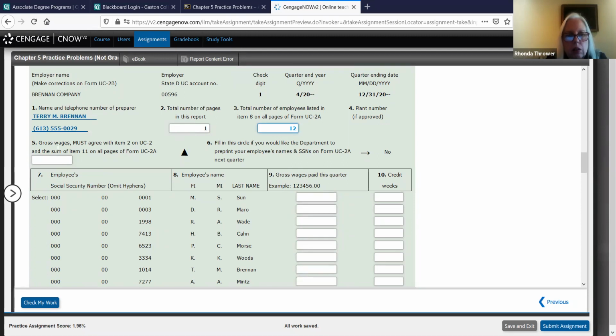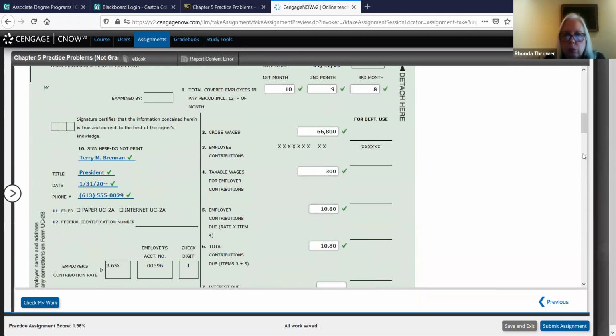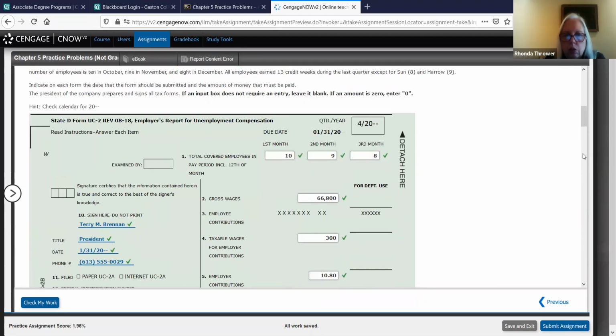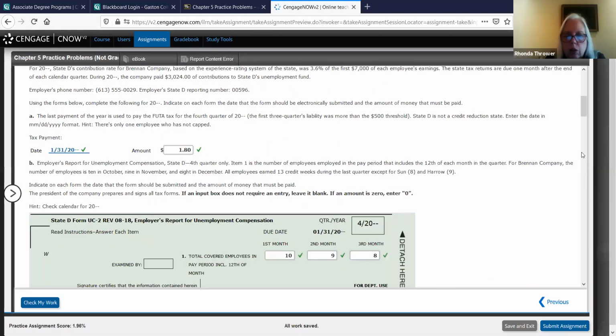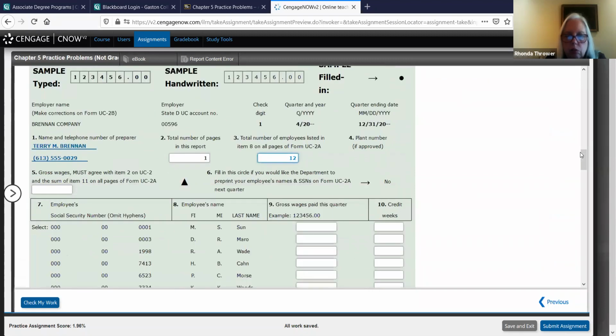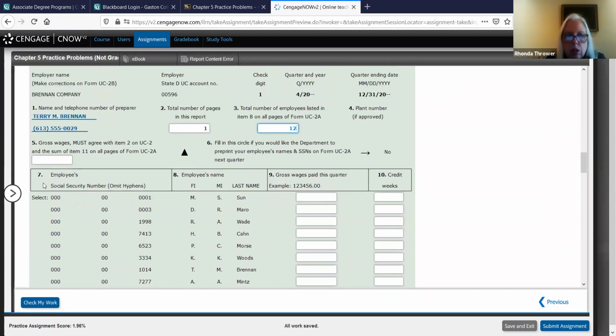And then gross wages must agree with item 2 on UC2, the sum of item 11 on all pages of UC2. All right, I'd fill that in, but definitely you could get it up here. $66,800 was for the 4th quarter.